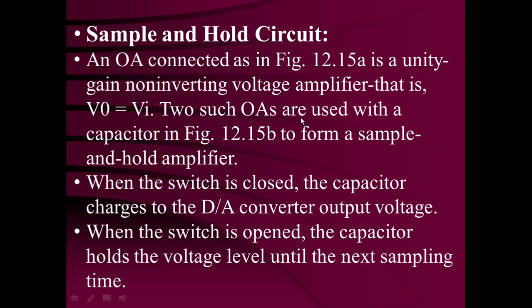Two such op-amps are used with a capacitor in figure 12.15b to form a sample and hold amplifier. We'll see how it works. When the switch is closed, the capacitor charges to the D to A converter output voltage. When the switch is open, the capacitor holds the voltage level until the next sampling time.